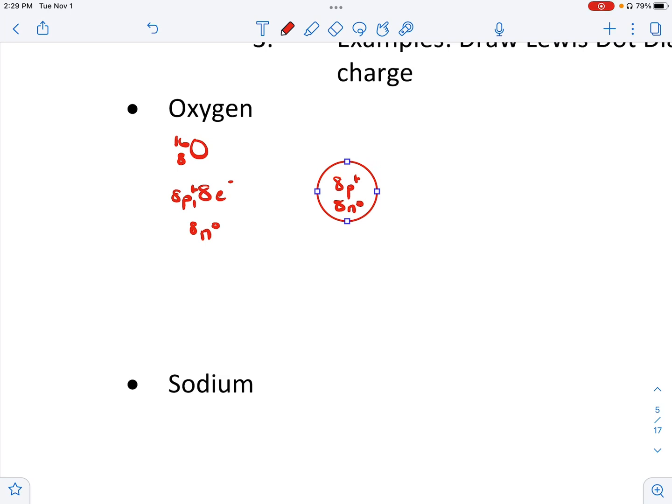Now, first energy level can hold 2. Second energy level, we have 6 there. That gets us to our 8. So what we would do for the Lewis dot is we would put top, bottom, side to side, and then start doubling them up. So this is oxygen's Lewis dot.